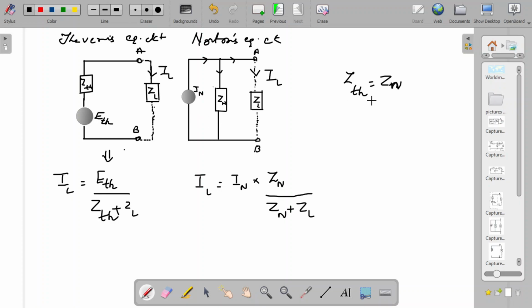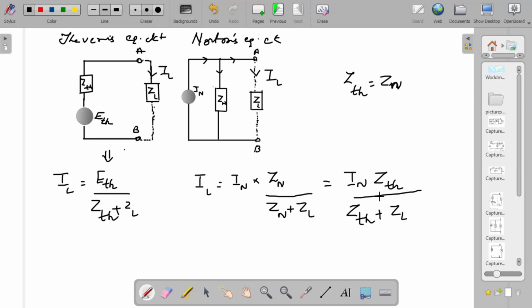So it is the same in both Norton's case as well as in Thevenin's case. So now I can replace this Zn with ZTH. So I can write it as IN into ZTH divided by ZTH plus ZL.